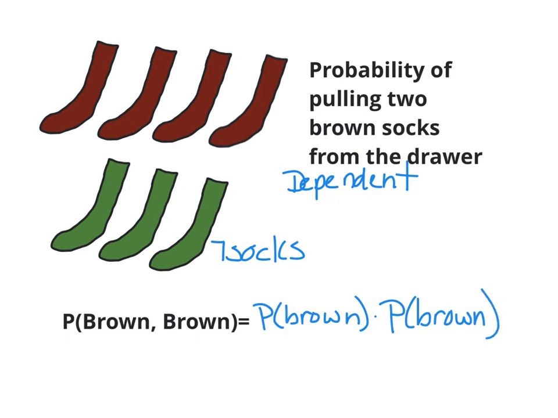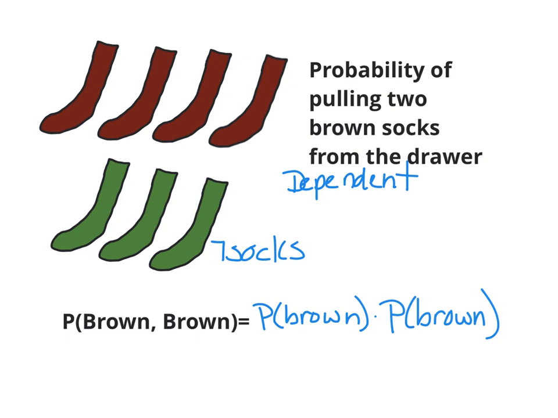And dependent probability and independent probability is based upon the positive outcomes, the favorable outcomes we were looking for. So what would be the probability of first pulling a sock out of a drawer that contains these 7 socks?